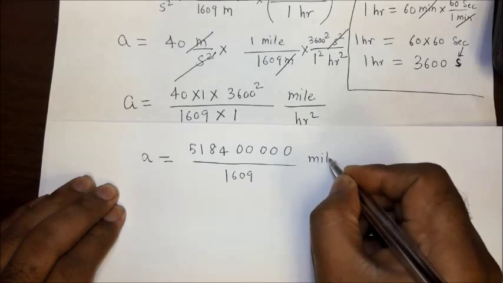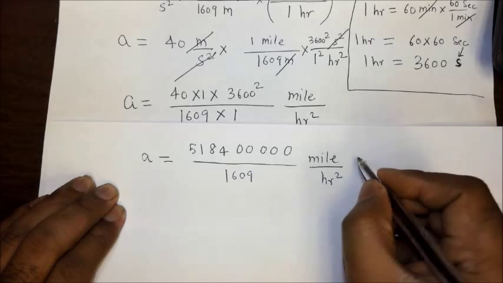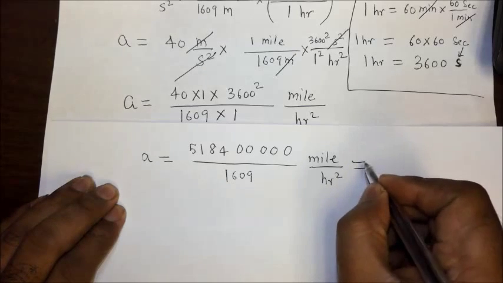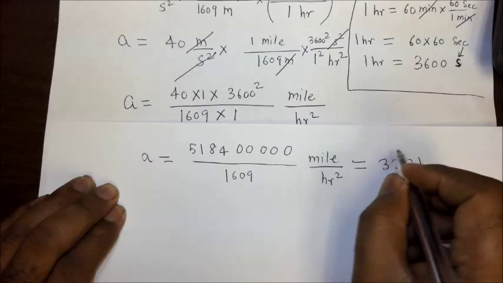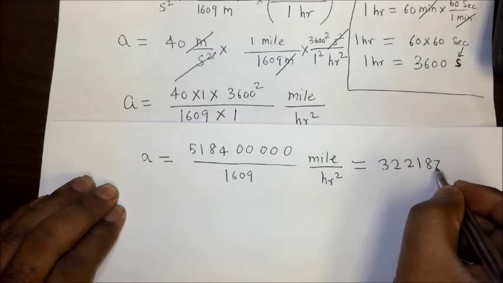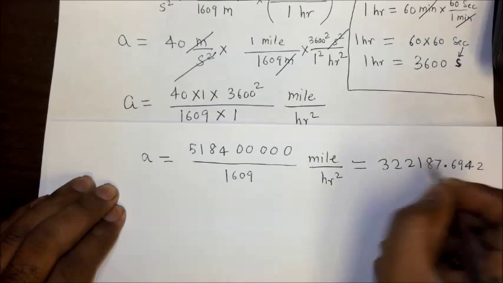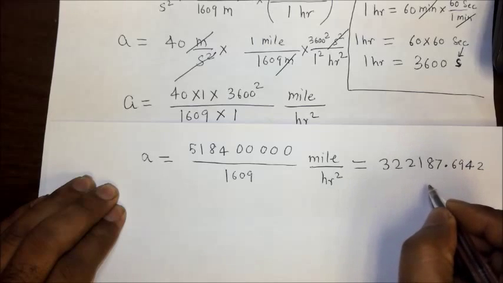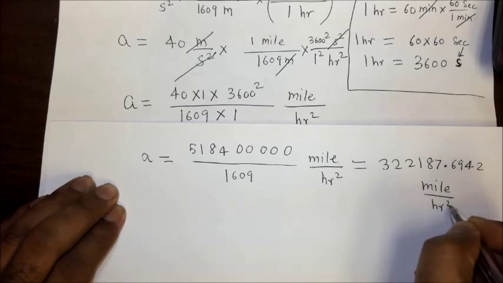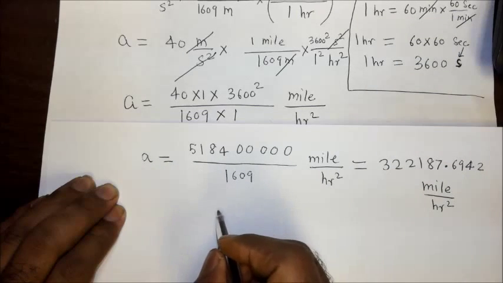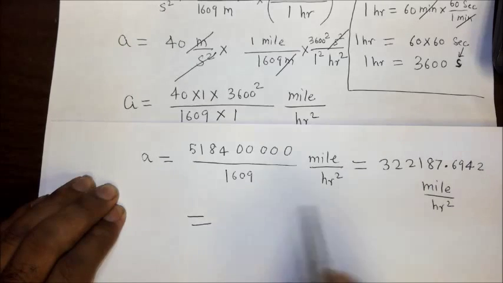And if we solve this, this will give you 322187.6942 mile per hour square. Okay. Now I can write this in this form.